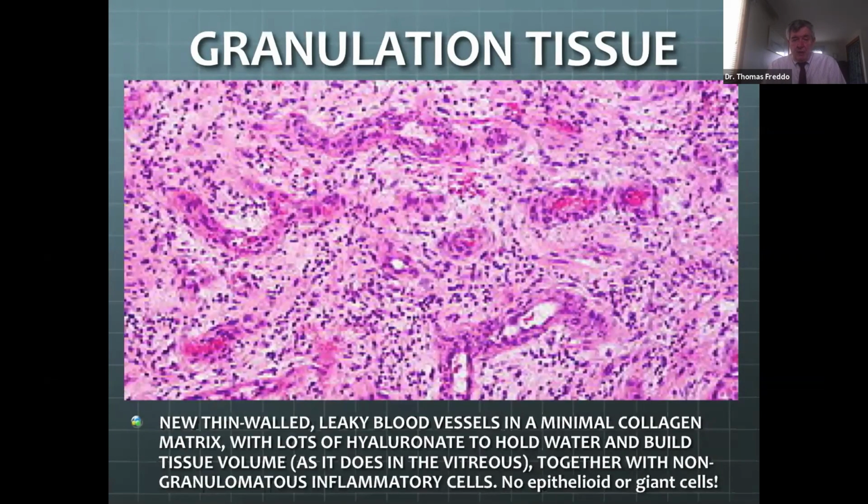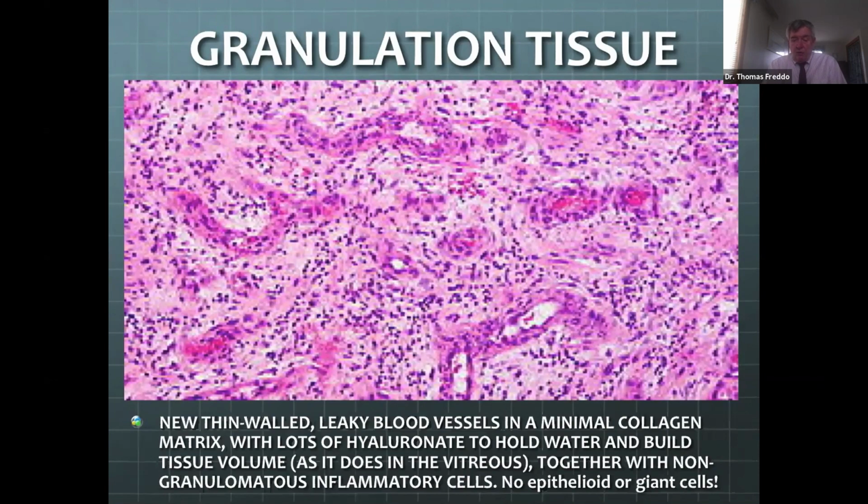Granulation tissue, by contrast with granulomas, represents a tissue that contains new, very thin-walled, leaky blood vessels in a very minimal collagenous matrix with lots of hyaluronate that will be capable of holding water and building tissue volume quickly, just as it does in the vitreous.